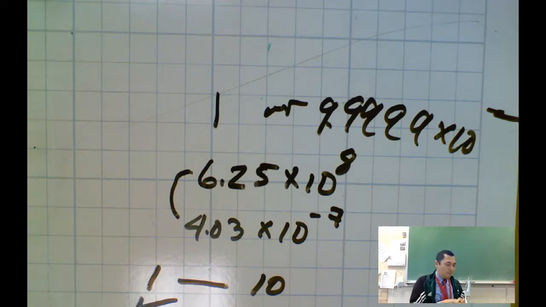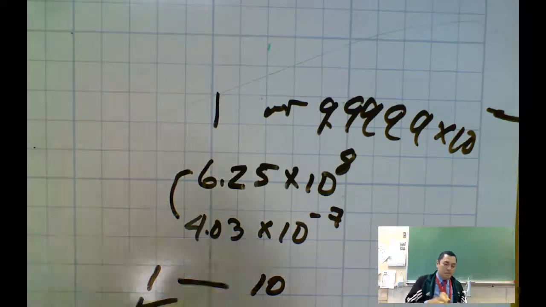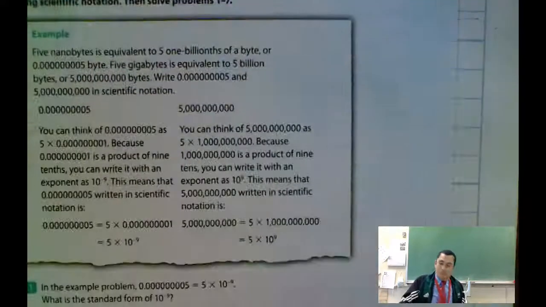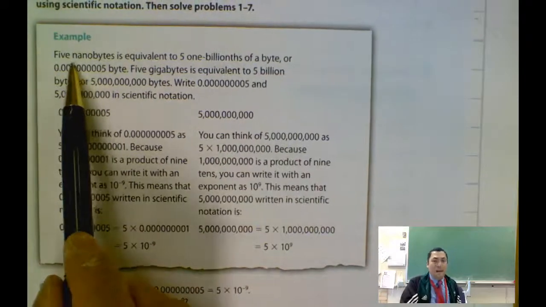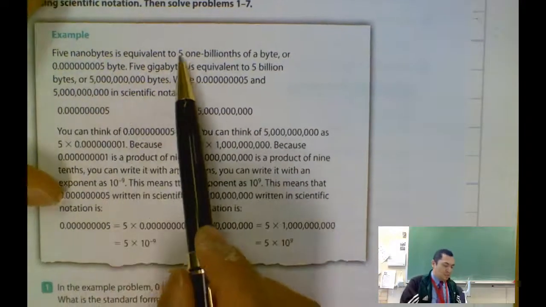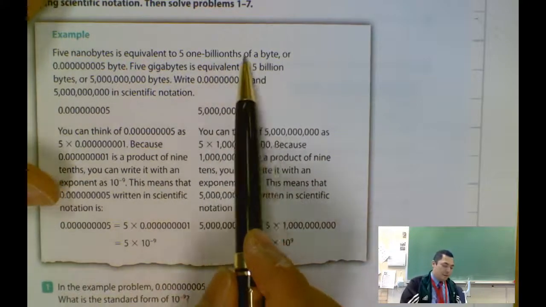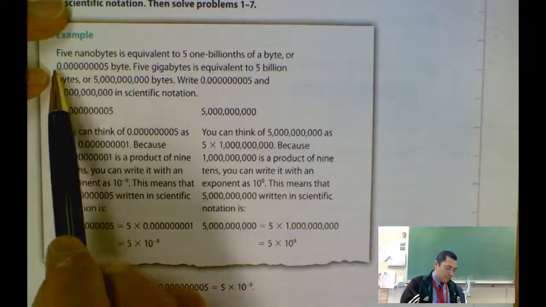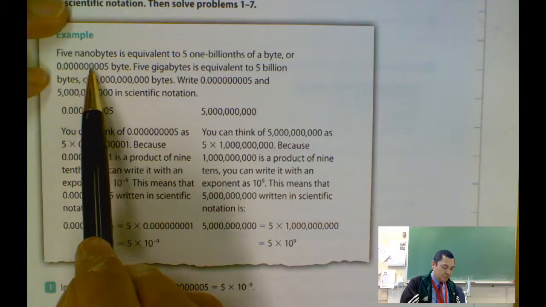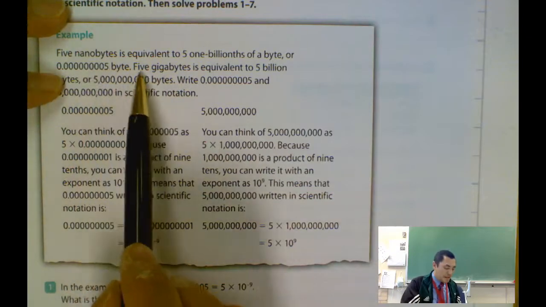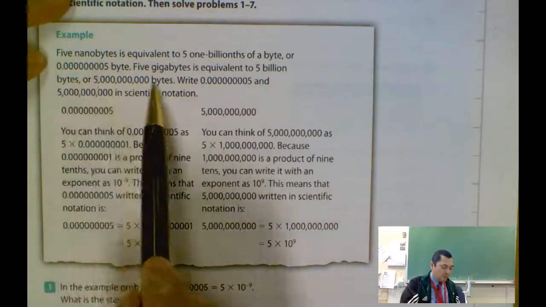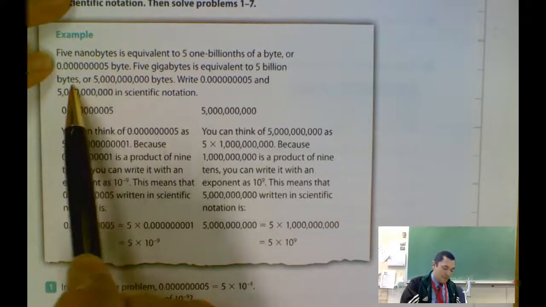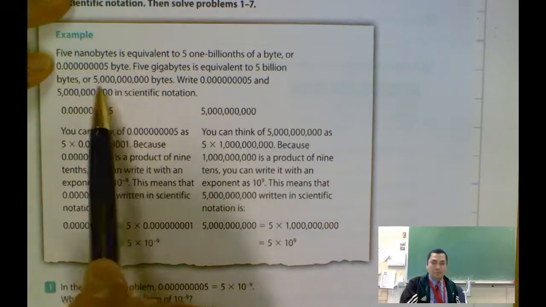Okay, so problem number 1, remember that we need to read. Everything is reading in math. And we need to understand the problem. So we have an example. We have that 5 nanobytes is equivalent to 5 billionth of a byte, or 0.000000005 byte. 5 gigabytes is equivalent to 5 billion bytes, or in this case, 5 billion is this number with 9 zeros.